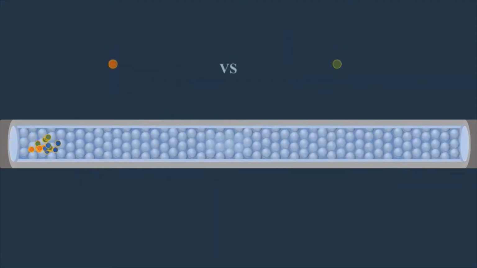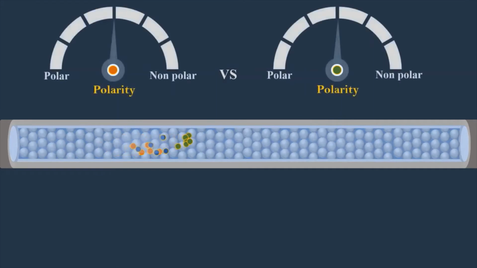In this case, the more hydrophobic the analytes are, the more retained they will be on the stationary phase. The more polar they are, the more they will prefer the mobile phase.